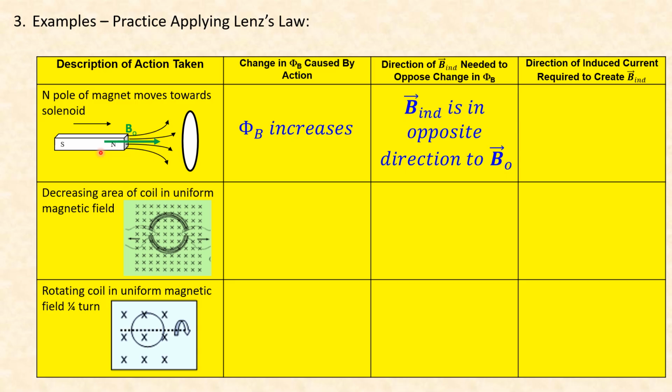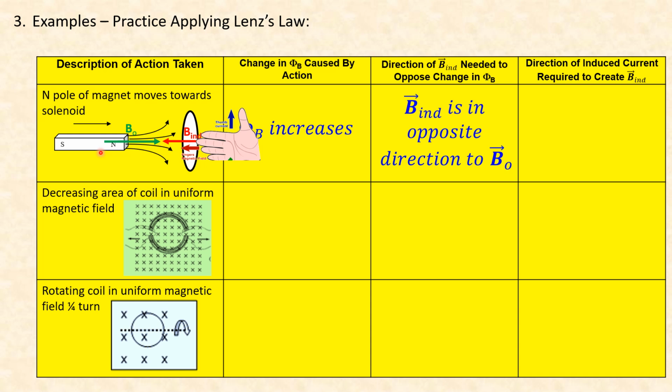Once we know the direction of the induced magnetic field, we can now use our right hand rule to determine the direction of the induced current. Remember that you're going to place the fingers of your right hand in the direction of the induced magnetic field on the interior of that circuit.